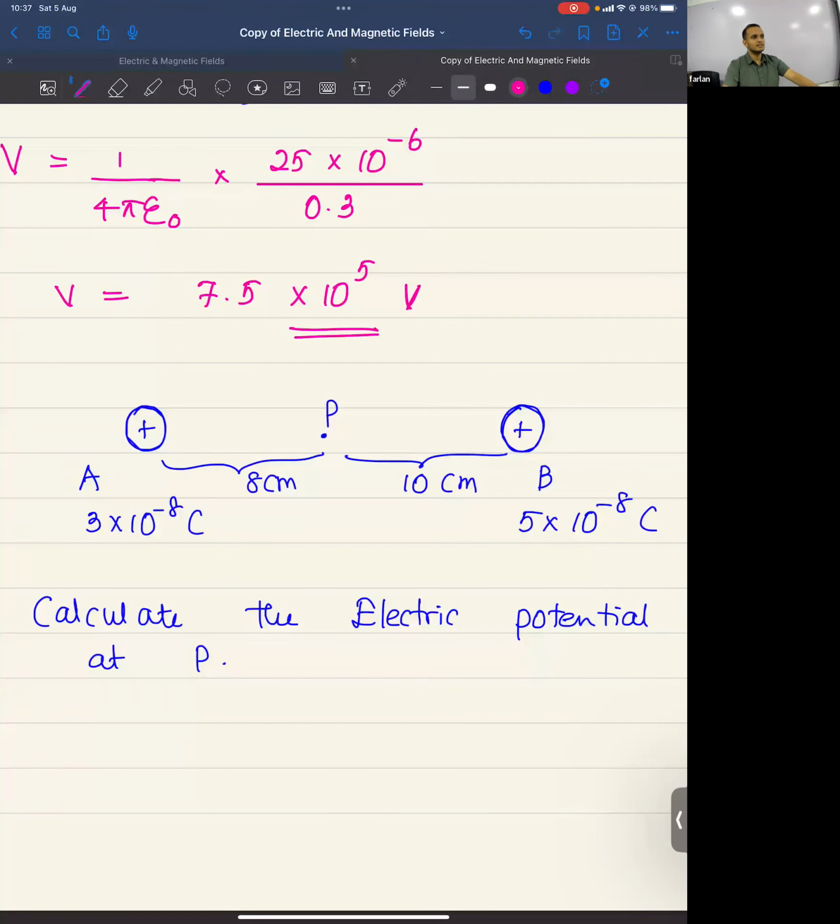Why? Okay, but your suggestion is to subtract them, is it? Why? You are talking about the electric field strength. Here we are going to calculate the electric potential.